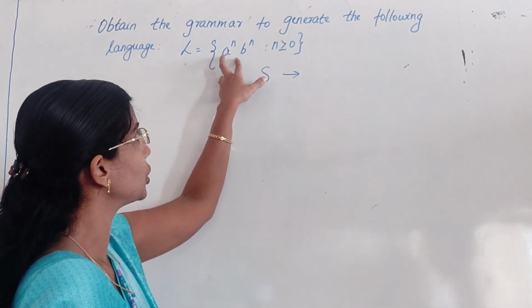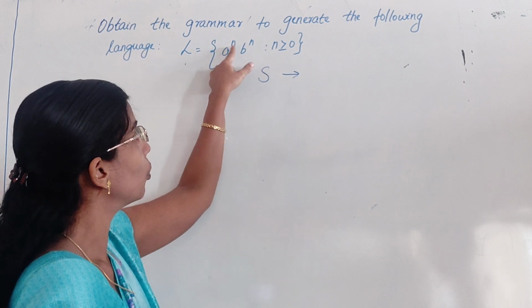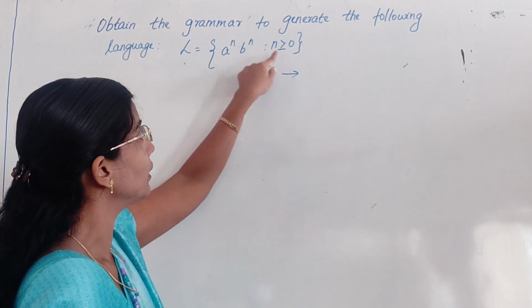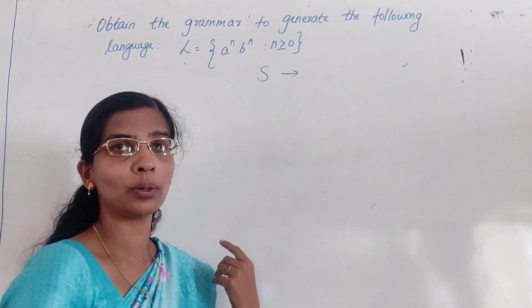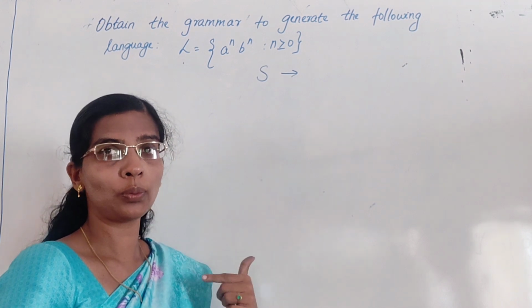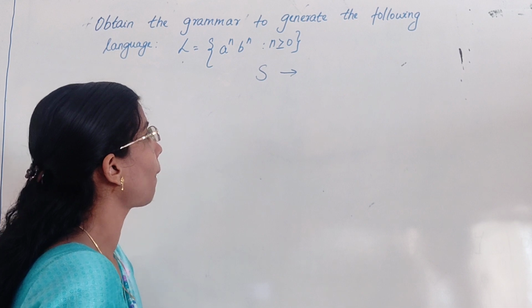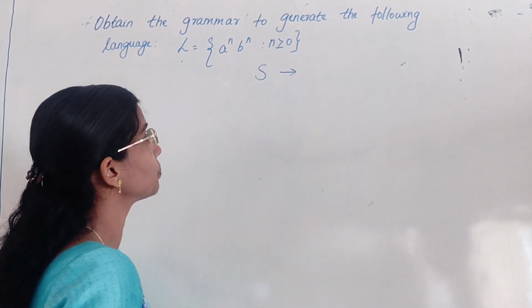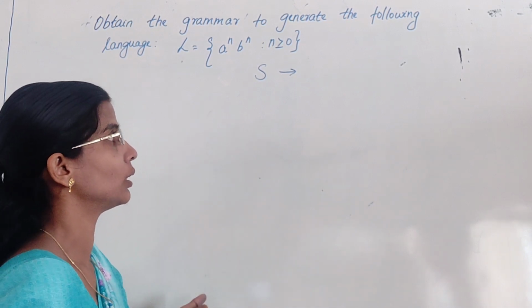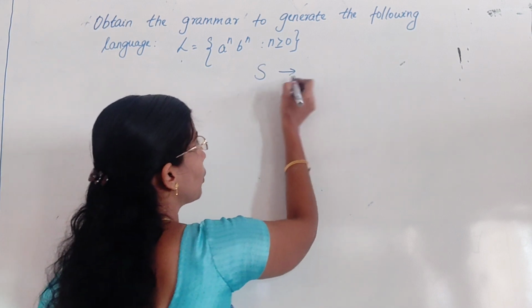And there is some relationship between this a and b. Both the lengths are the same, and n is greater than or equal to 0. So even a null string is possible. 0 is also possible, that is, epsilon is possible. Since the grammar is not given, how am I going to write this?